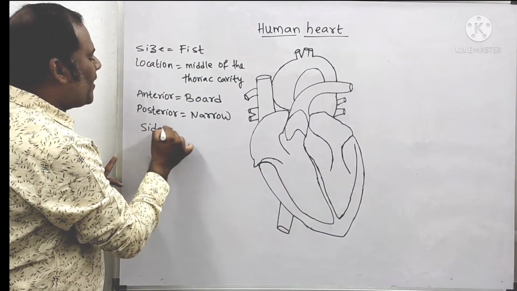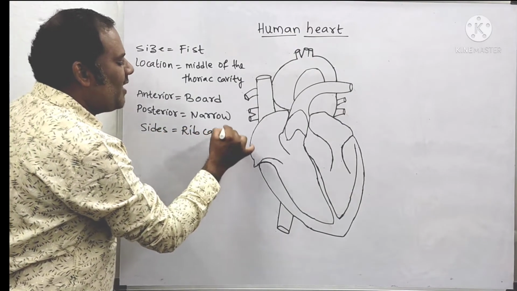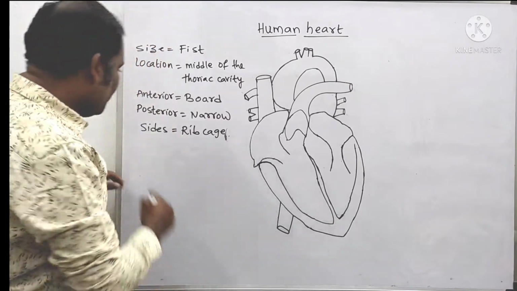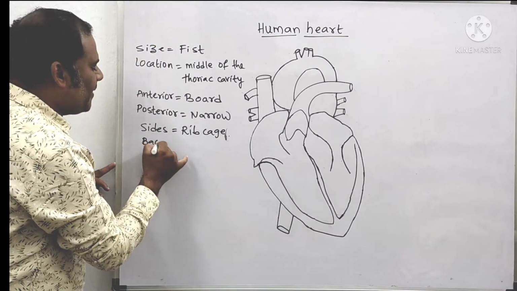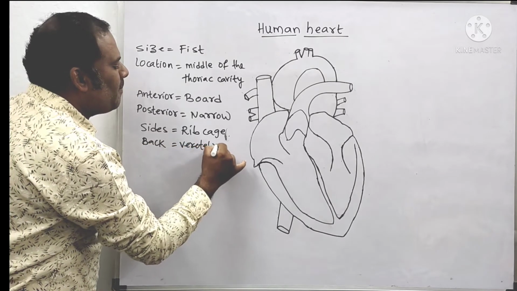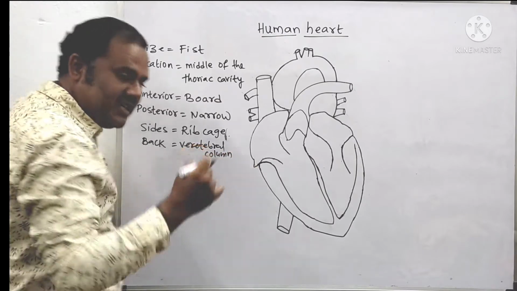Now the sides. The sides are protected by the rib cage, the rib bones. The back side is protected by the vertebral column, which also encloses the spinal cord.